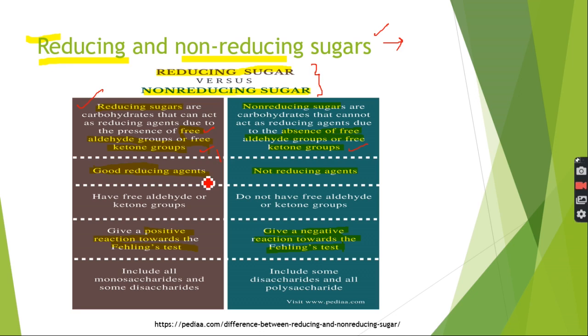All these reducing sugars are good reducing agents because they are able to reduce the other component and simultaneously get oxidized. I will just write down the reaction here quickly, about how they undergo oxidation and how there is simultaneous reduction.